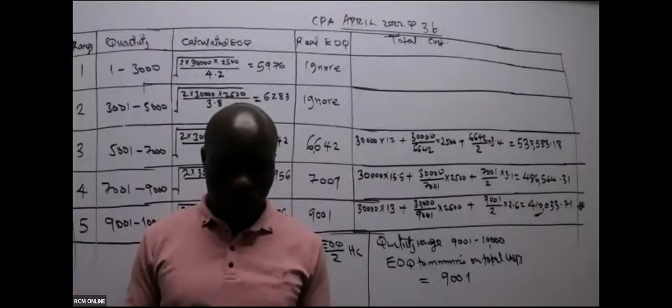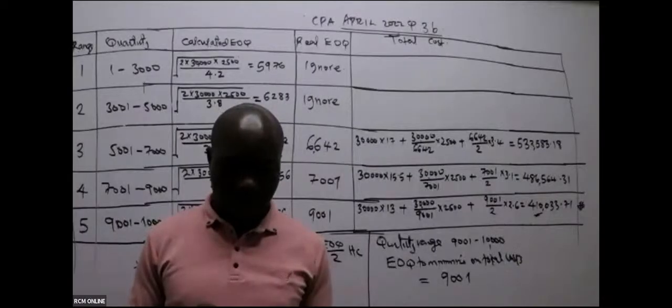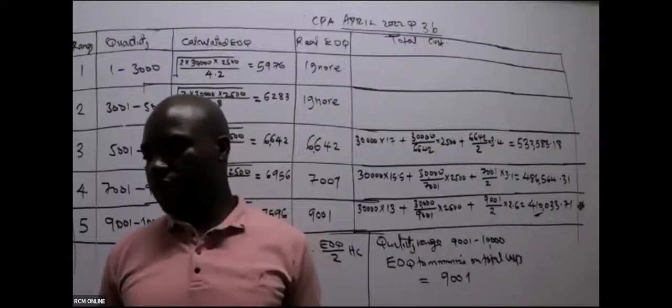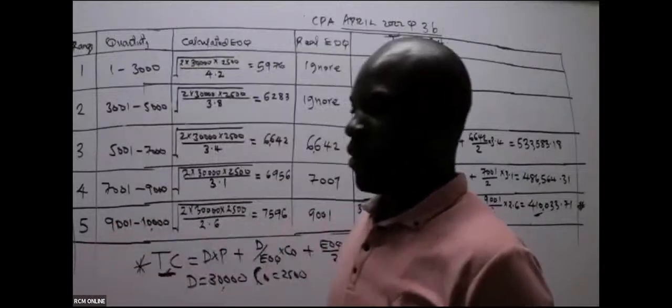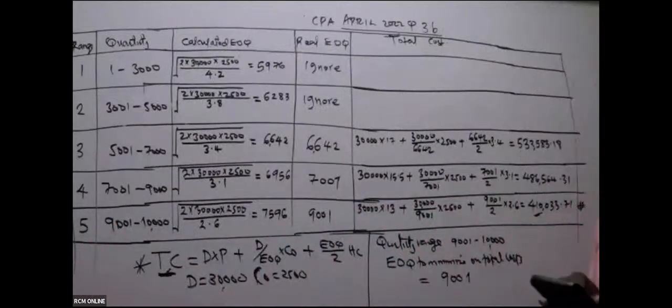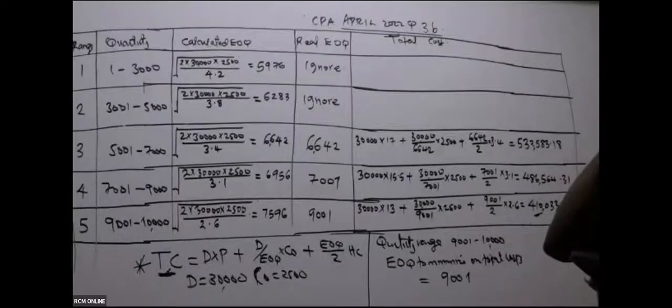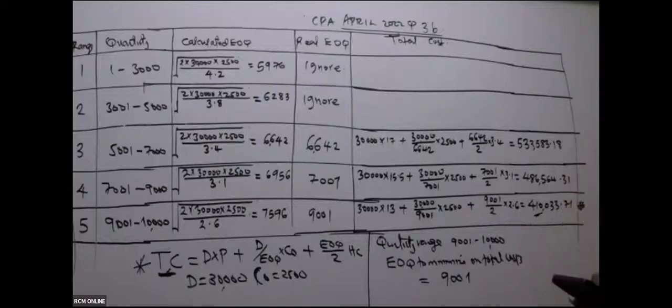Can we go to question number 2A? May 2019, question number 2A. It was 8 marks. I just want you to see the question, and then you tell me if there's anything you can relate there.